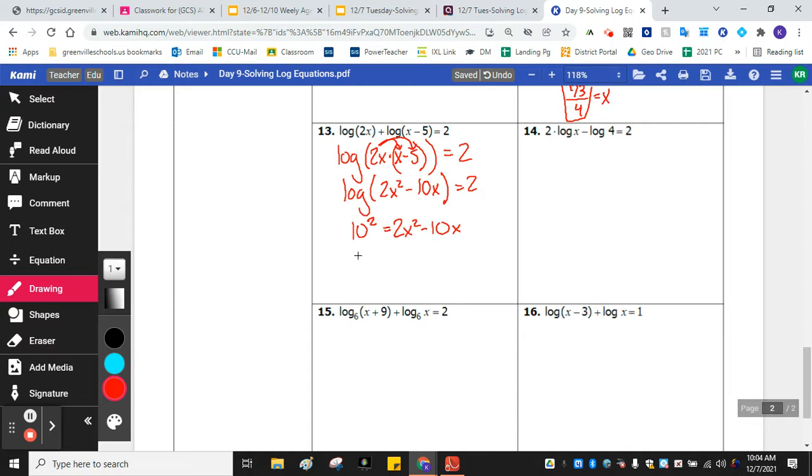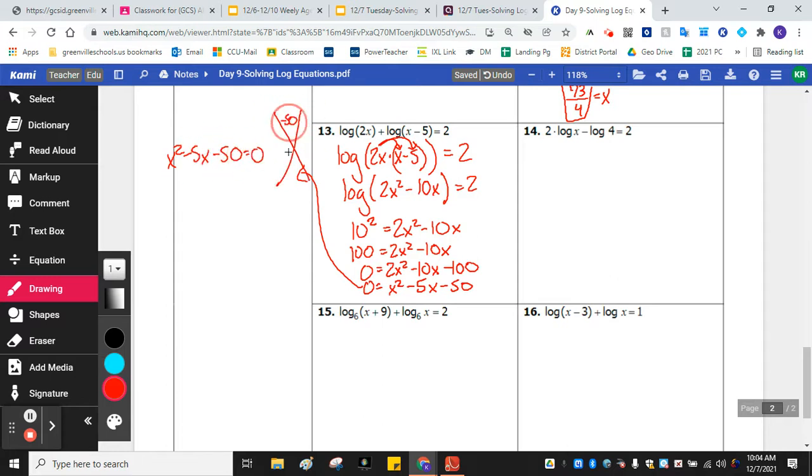That's 100. This is a quadratic, so we have to solve this by factoring. So I'm going to set it equal to 0. I'm trying to keep x squared positive, so I'm going to subtract over 100. Everything's a multiple of 2, so I'm just going to make all my numbers smaller by dividing by the greatest common factor. I'm doing x squared minus 5x minus 50 equals 0.